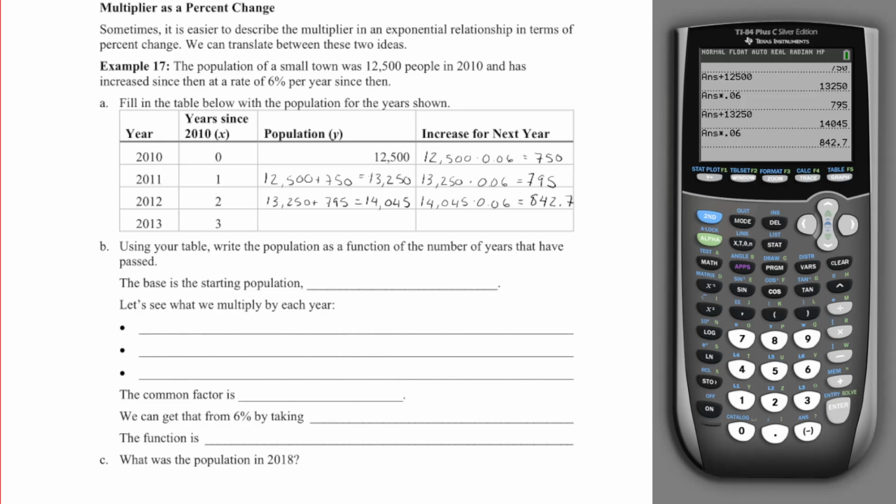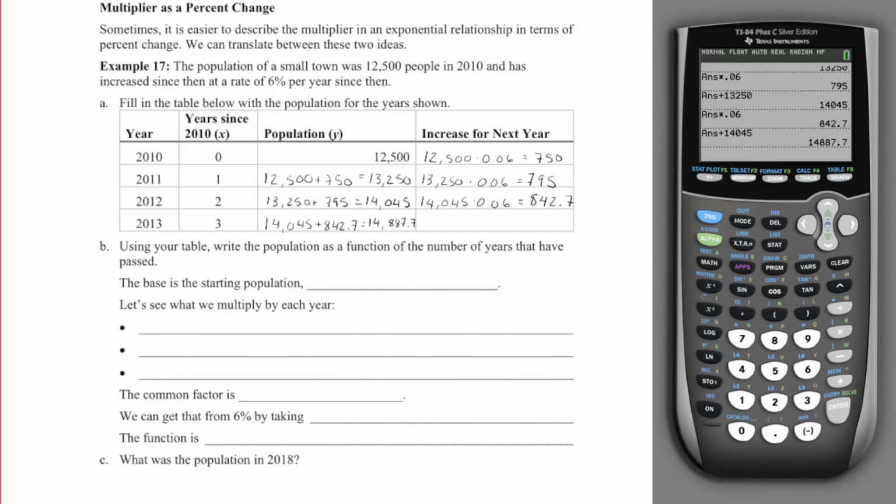But I'm going to carry the decimal place for this next step, for reasons that will become clear in a moment. So 14,045 plus 842.7 gives us 14,887.7 people as of 2013.